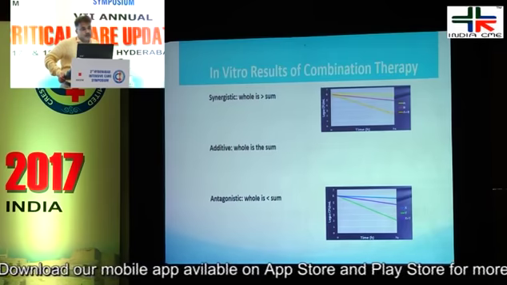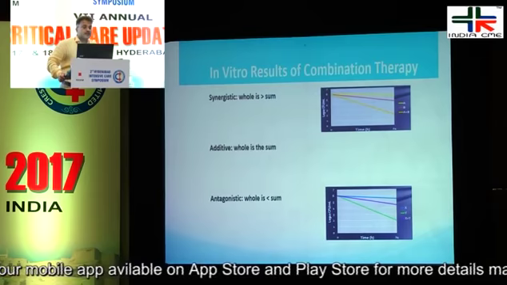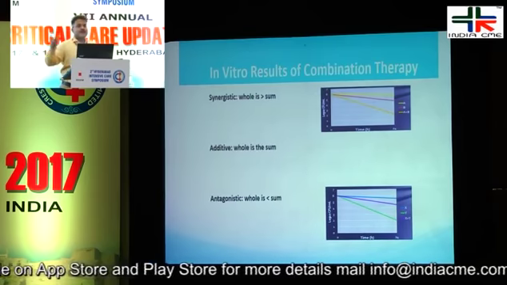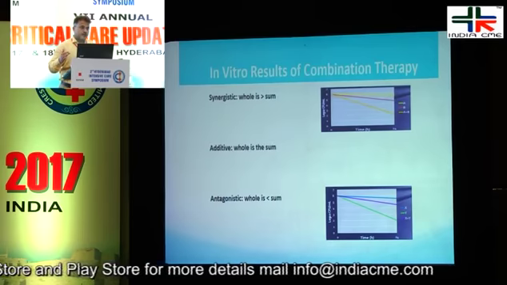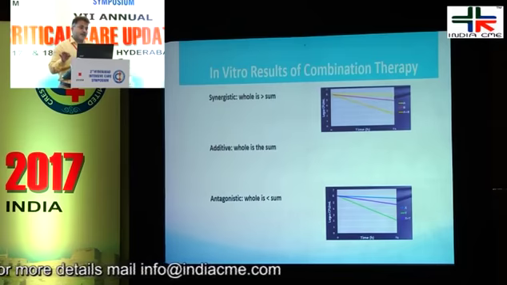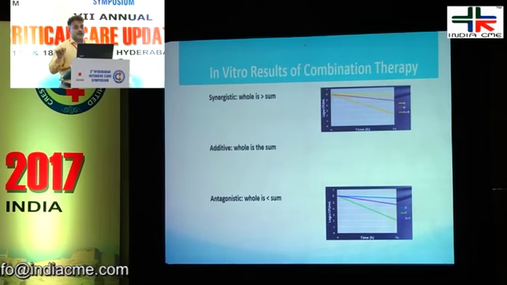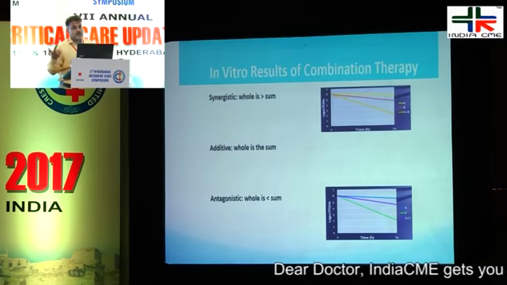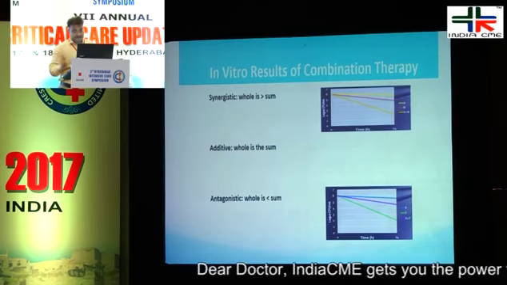But if it is antagonistic, it means due to some reason, the two antibiotics you have combined cut down each other's effect and the effect may be less than 2. This is also very much possible. We need to be very careful when selecting antibiotics that we are not using antagonistic ones. Most commonly used nowadays is combining colistin with tetracycline to treat pneumonia, particularly hospital-acquired Acinetobacter pneumonia. There it has been found to have an antagonistic effect.